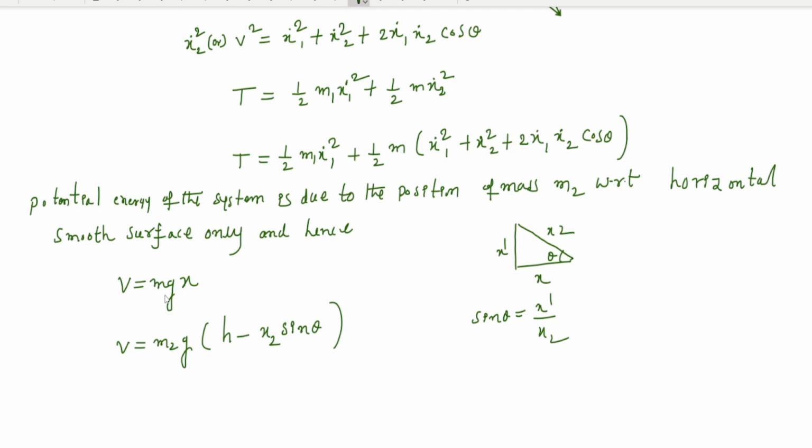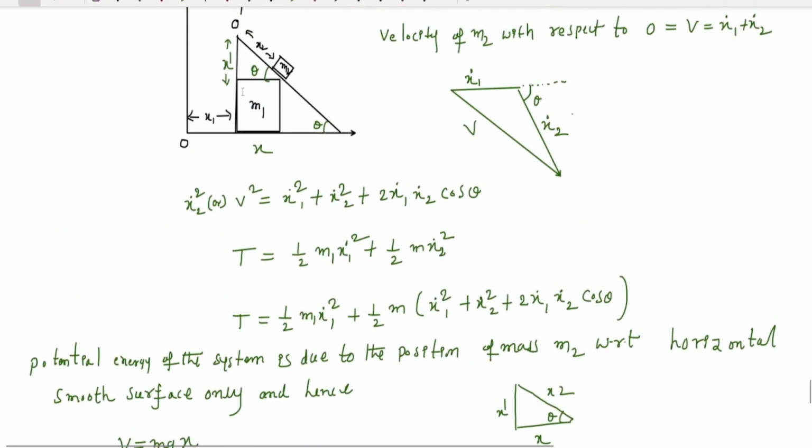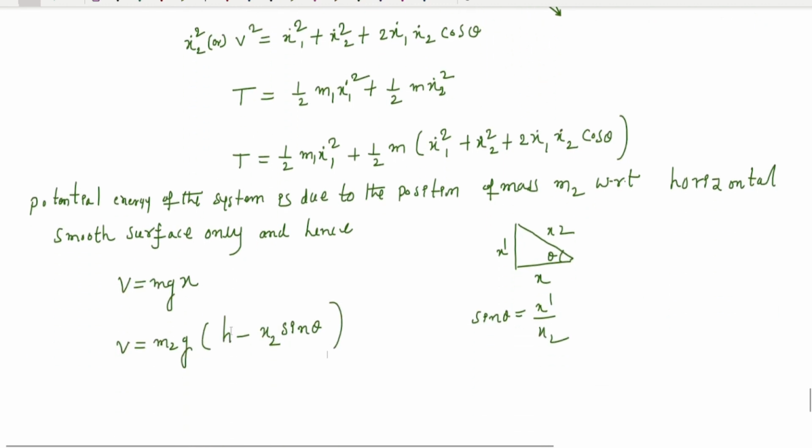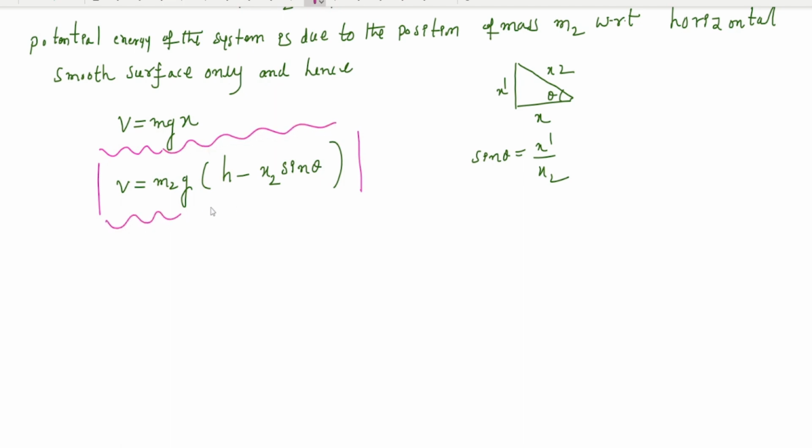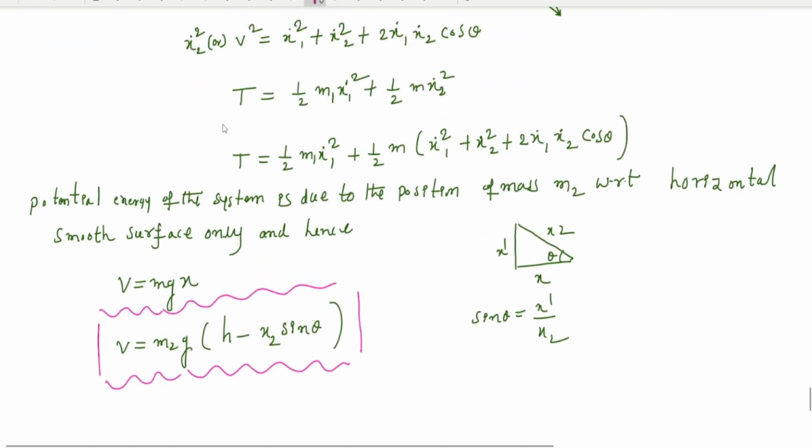This is the total height h, and this portion is x2 sine theta. Therefore, we know the potential energy term right now. This is our potential energy term, and this is our kinetic energy term. Now we can easily derive our equation of motion of the inclined plane.